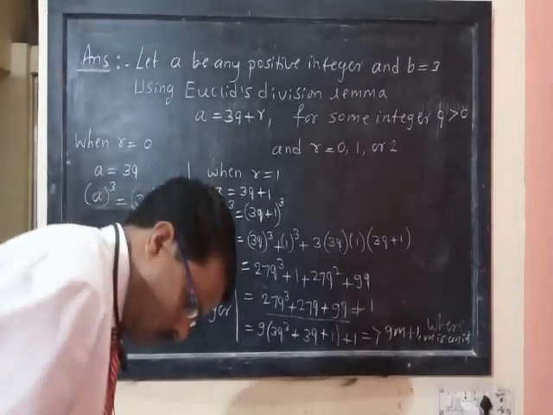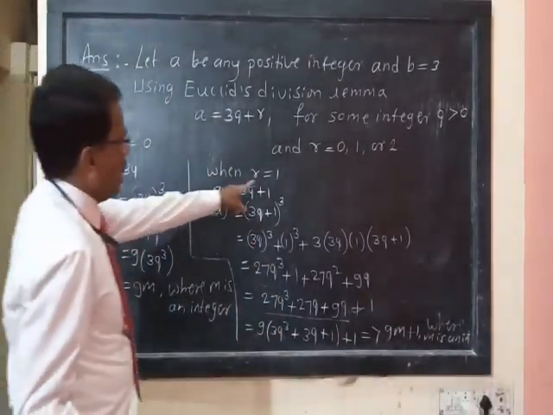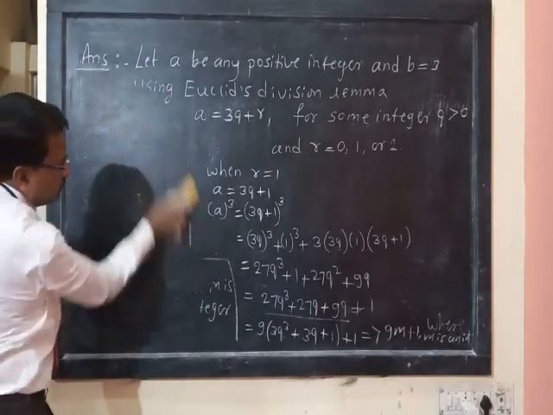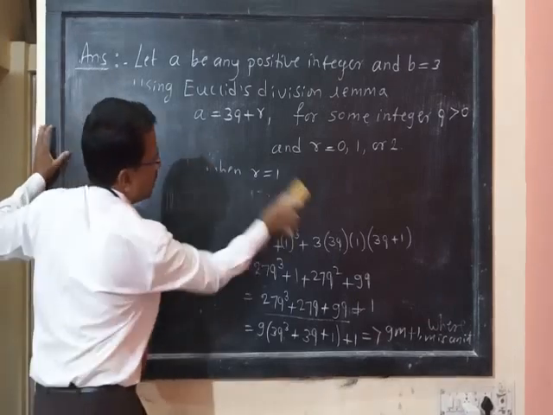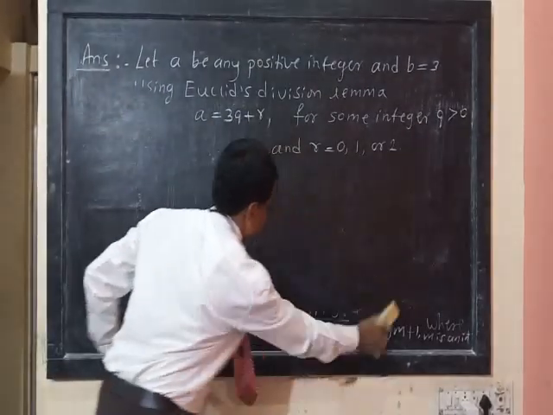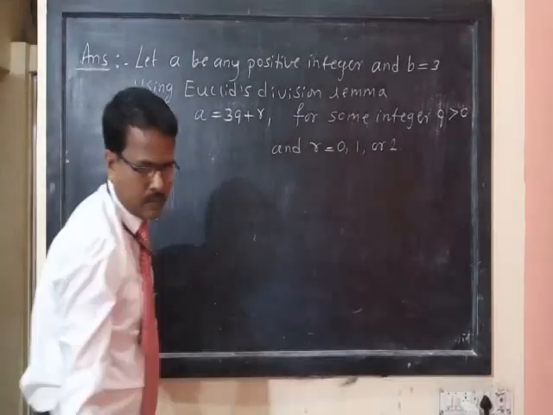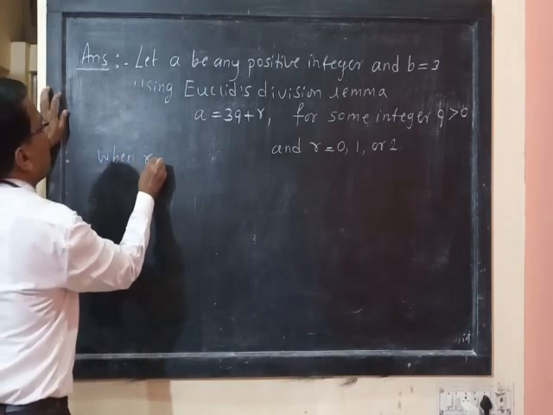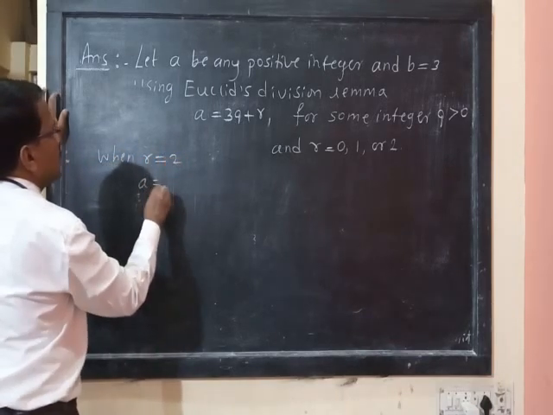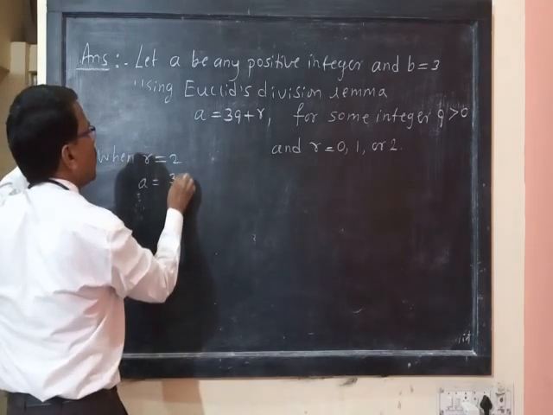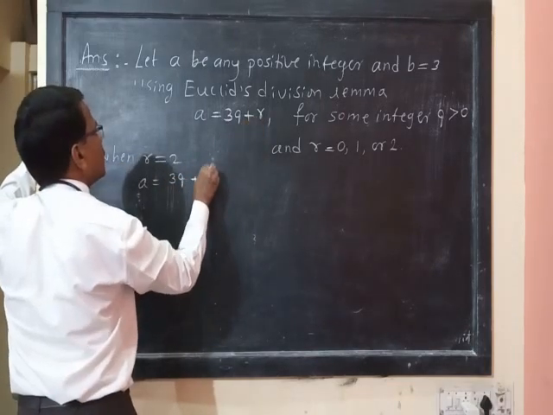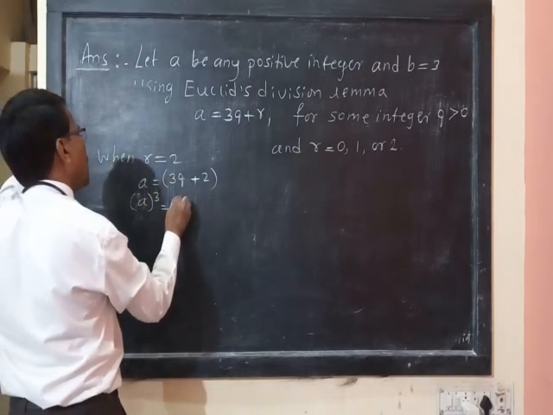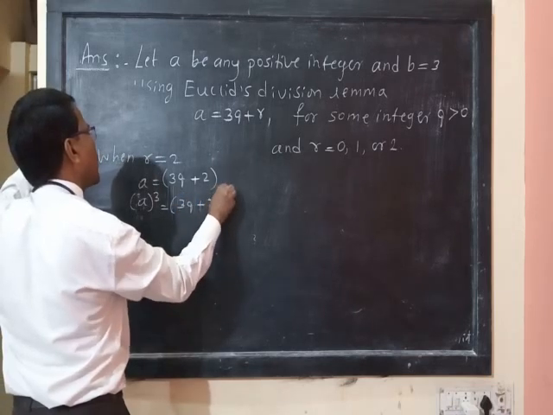So, last, one more case, when r equal to 2. When remainder r equal to 2, A is equal to 3q plus 2. So A cube is nothing but (3q plus 2) cube.